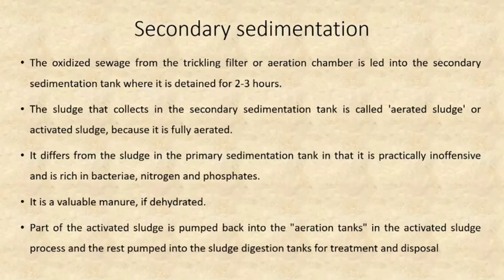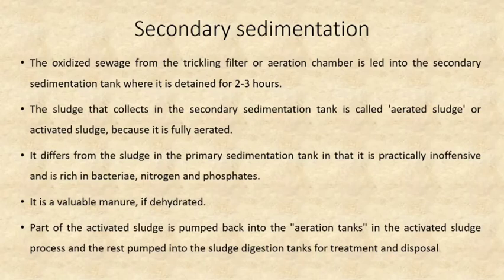The sludge that collects in the secondary sedimentation tank is called aerated sludge or activated sludge because it is fully aerated. It differs from the sludge in the primary sedimentation tank in that it is practically inoffensive and it is rich in bacteria, nitrogen and phosphates. So it is a valuable manure if it is dehydrated.